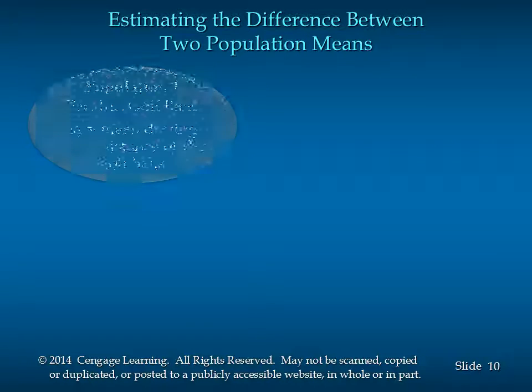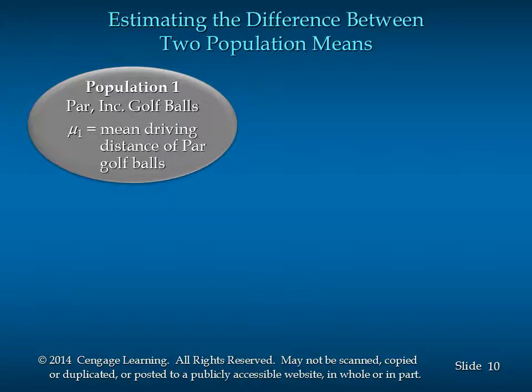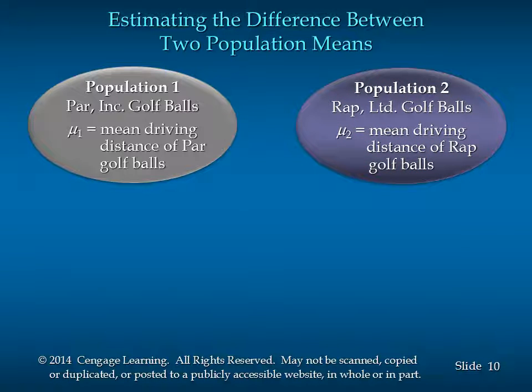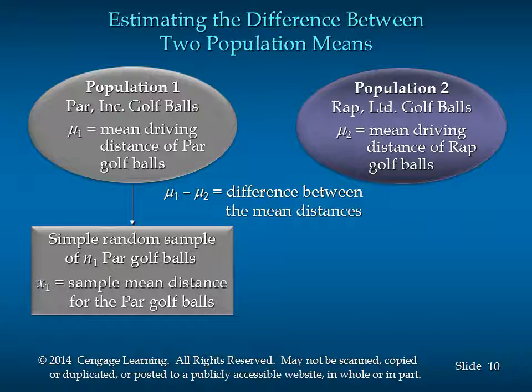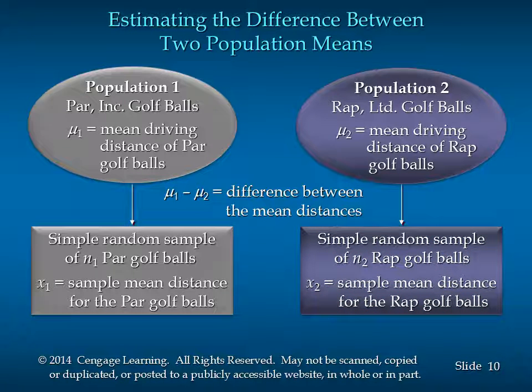Put together a 95% confidence interval, and here's how we do it. This should look familiar. It is the inference or the point estimators for mu sub 1 and mu sub 2. And the point estimators are x bar 1 and x bar 2, just as we've done before.